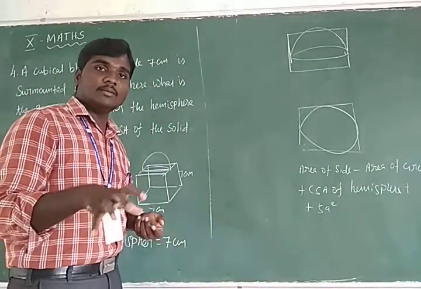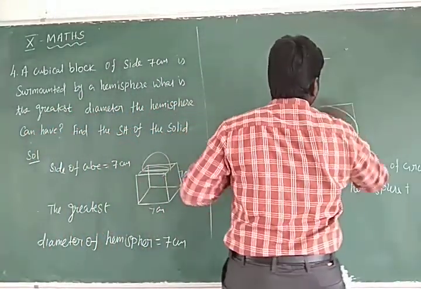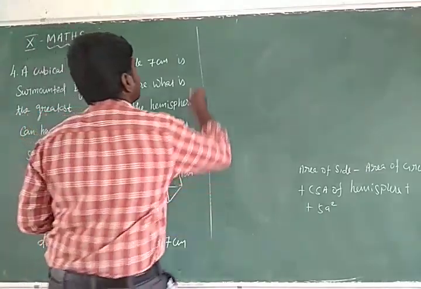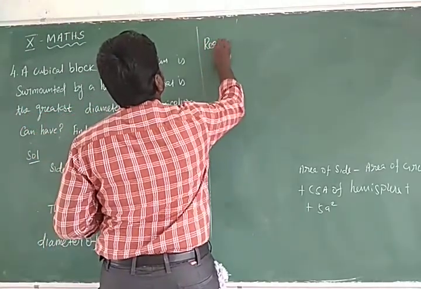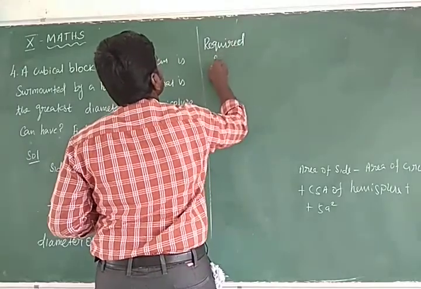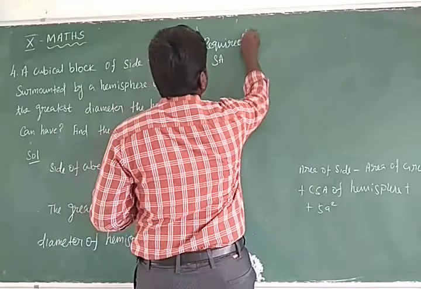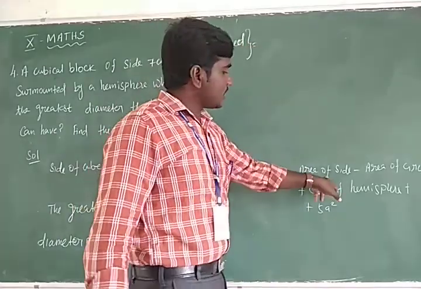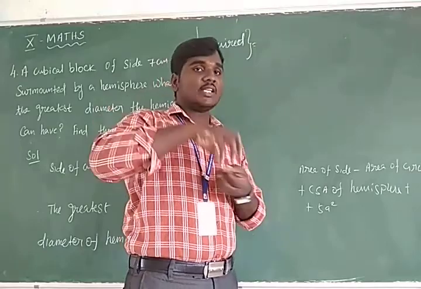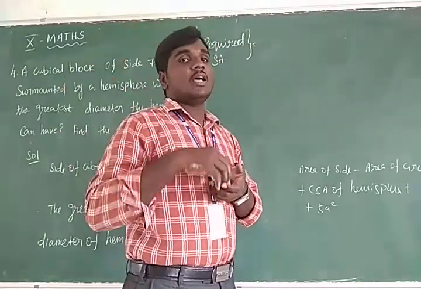Okay, are you clear? So required surface area is equal to... from the total surface area we cut it. From the total surface area, the top only you cut it. That is like a circle shape.